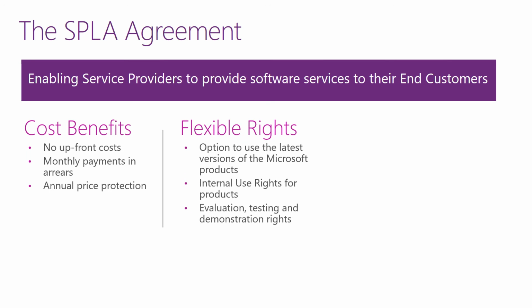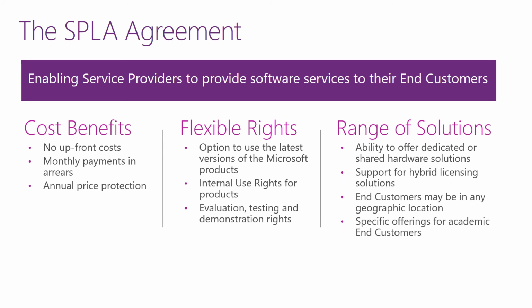Next, the SPLA Agreement does give flexible use rights. Service providers may use the latest versions of the Microsoft products, but equally make use of downgrade rights, of course, if required. They may also use the SPLA Agreement to license their own internal use of products, and there are, as we've just seen, extensive rights for evaluation, testing and demonstration of the products as well.